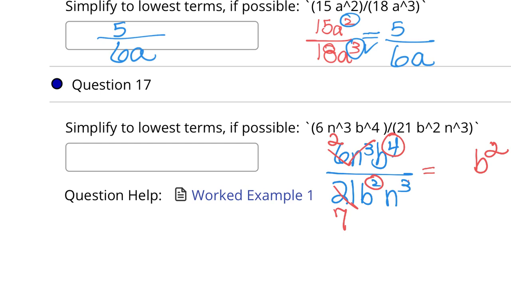There's 3 n's and 3 n's, they cancel. So it's 2b squared, because 4 was larger, over 7. Between the two, it's 4 minus 2, but you put the result in the numerator because there were more b's in the numerator than the denominator as factors. So 2b squared over 7.